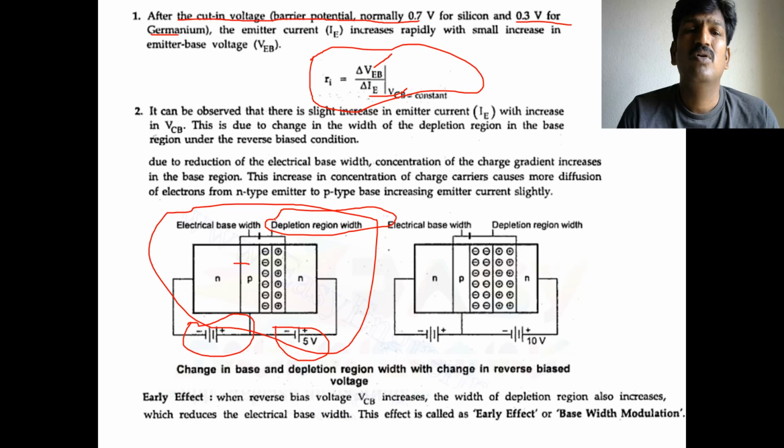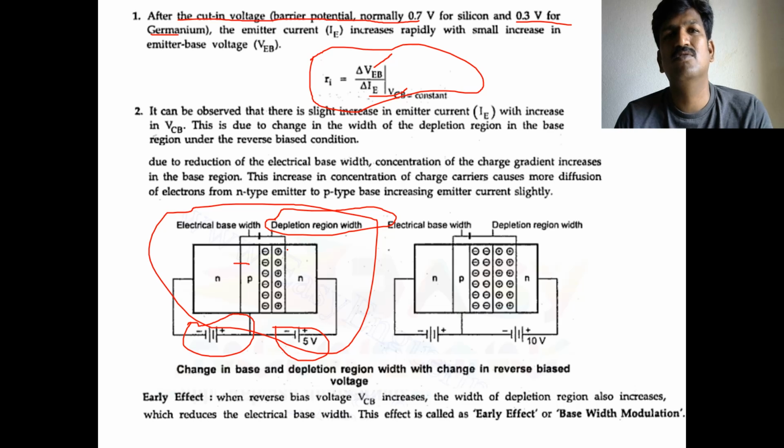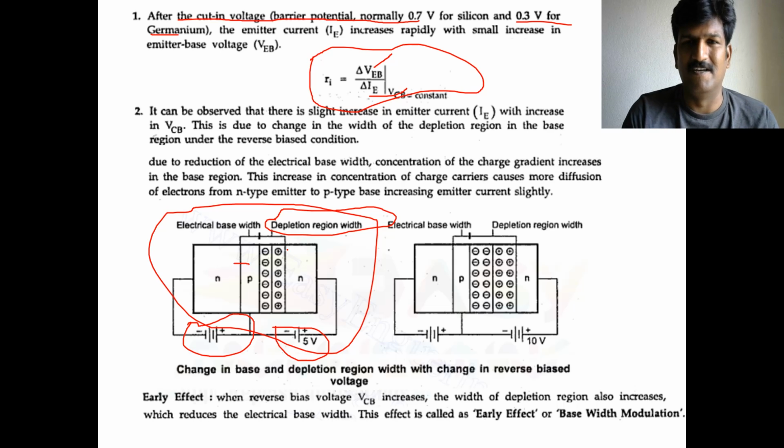Though you have the current passing through the collector because of the diffusion of the electrons from the base to emitter. We will discuss this again when we discuss the output characteristics. Just observe here, this is the depletion region width, it is increased.